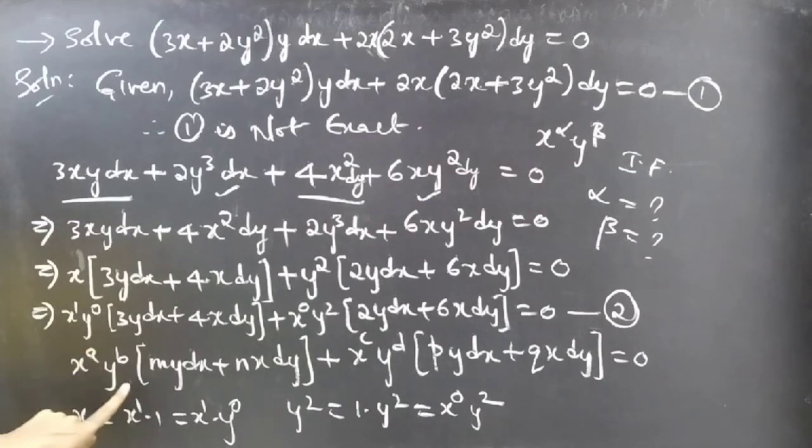Now by comparing these two, we'll get the values of constants a, b, c, d, m, n, p and q.